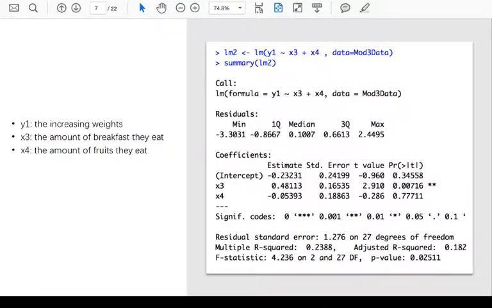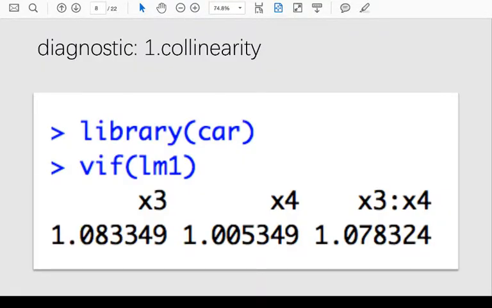Okay, and I will do some diagnostics here. The first is about collinearity. Collinearity is not such a big problem; it helps us only if you find some abnormal results. For example, if we get a beta higher than one, that's impossible, because by the definition of beta, it should be between -1 and 1.